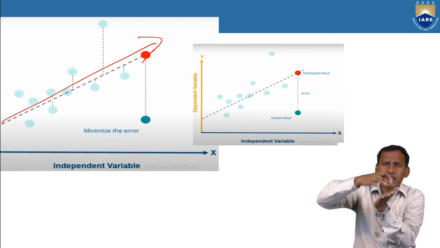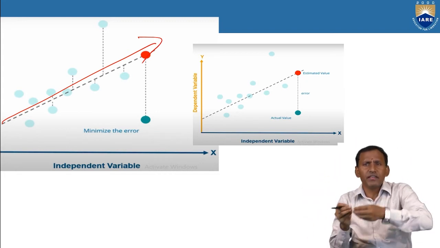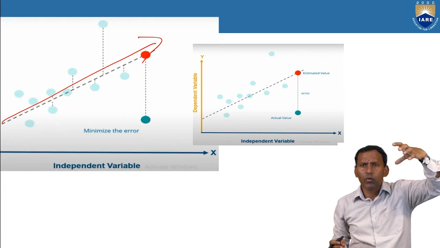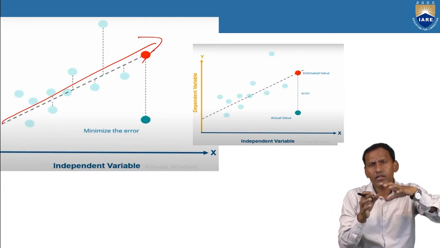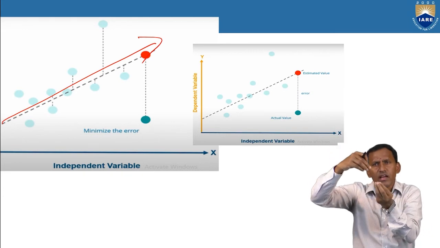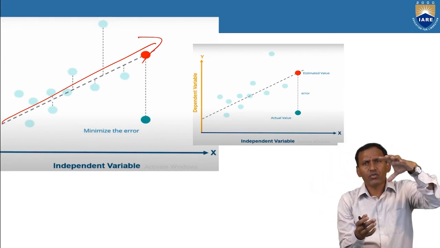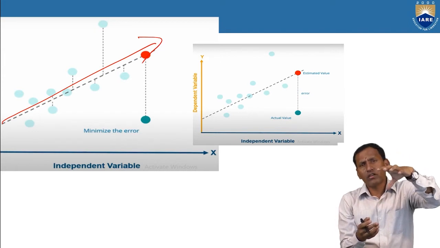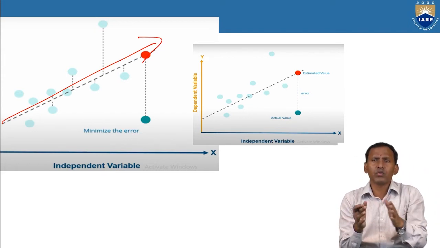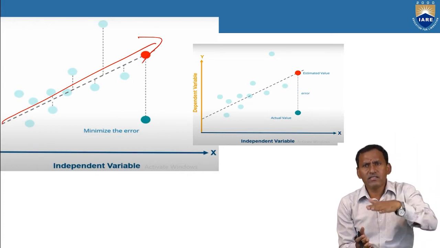If that distance between actual data points and predicted data points is more, that is a bad fit line. So in order to reduce the distance between the actual value and predicted value, we have to apply some methods, that is mean square. So we have to minimize that error.